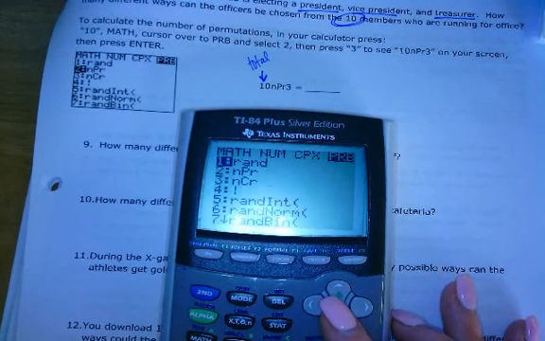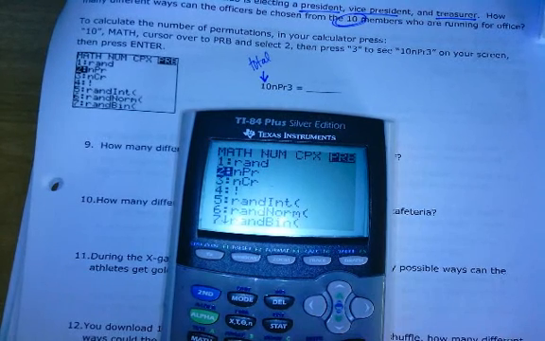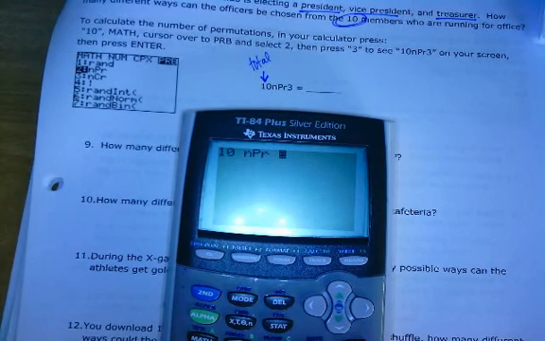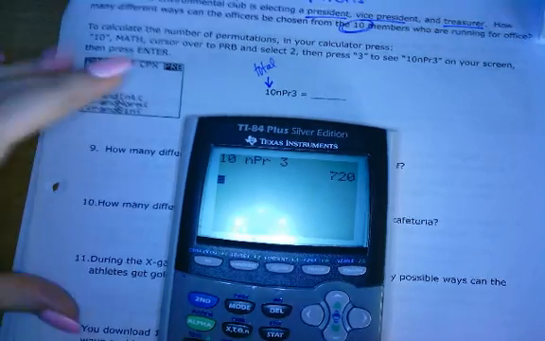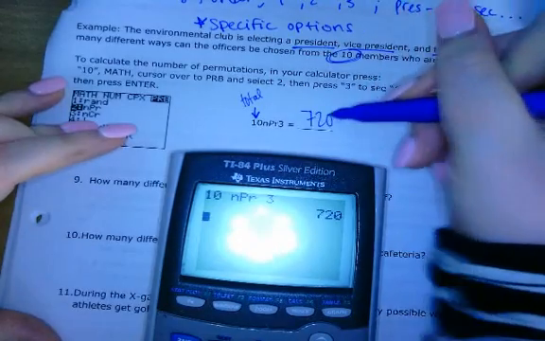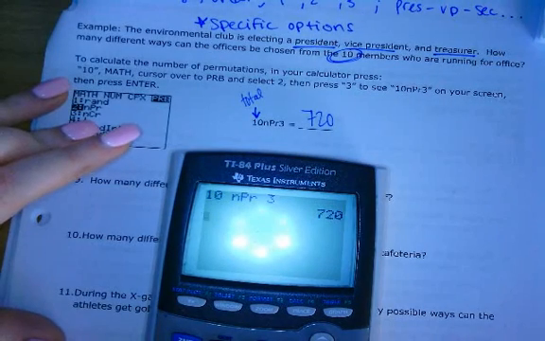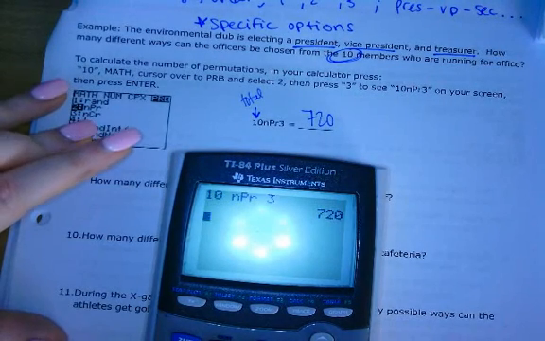So n is the total number, P stands for permutation, and r is the number of spots we're filling. That's 3 for this one, and then you'll just hit enter. So we have 720 permutations that are possible for this example.